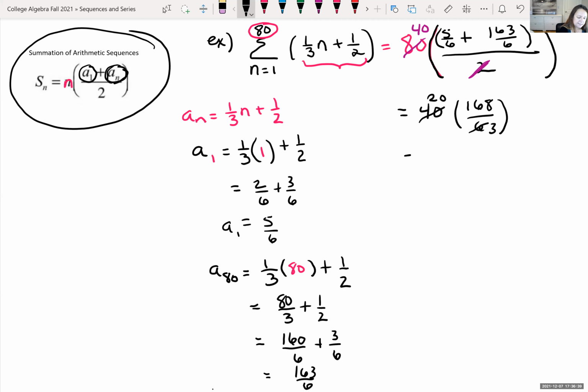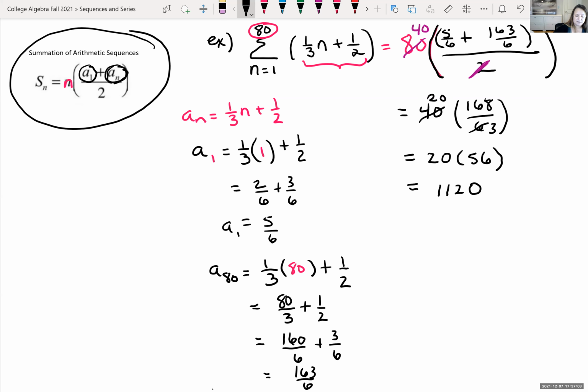3 actually goes into 168, so we have 20. 3 goes into 16 5 times with a remainder of 1, and 3 goes into 18 6 times. So 3 goes into 168 56 times. Let's just multiply 2 times 56, and then we'll add a 0. So that's 112 plus that 0.